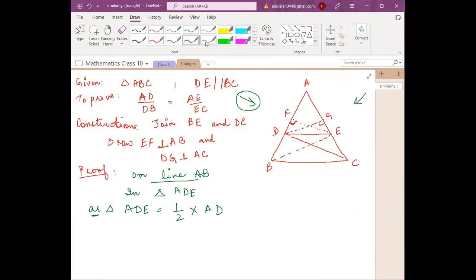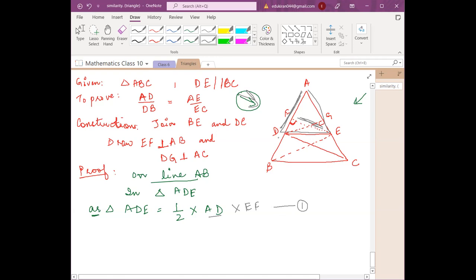See, this much triangle I'm looking at. So this is my base and this is my height. Clear? So AD is my base and my height is EF. So this is my equation number 1. Okay.